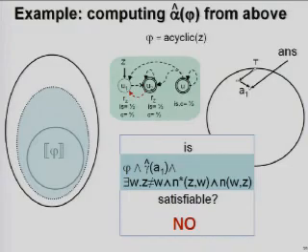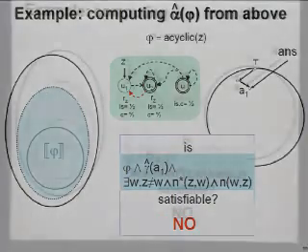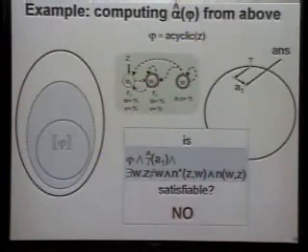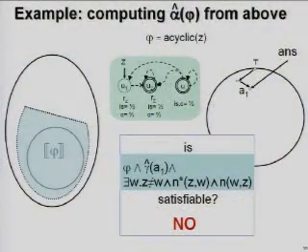So in this case, it's not satisfiable, because the formula phi says that the list Z is acyclic, and if there exists an element represented by this node with a pointer back to Z, and every element that is in this node is reachable from Z, then we get a cycle. So the answer that we get is no. So we know, okay, this may edge can be removed.